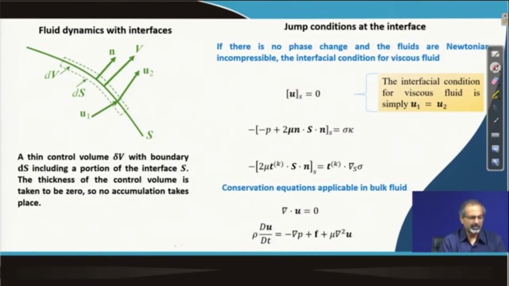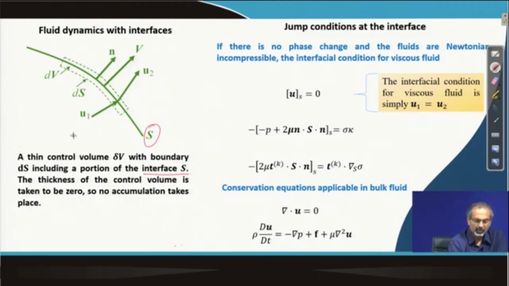Now, getting a little deeper into the fluid dynamics with the interfaces, we have an interface here, or rather a portion of an interface, represented in an elemental manner. Here the interface is defined by this S, and this may be part of the boundary of one of the phases.